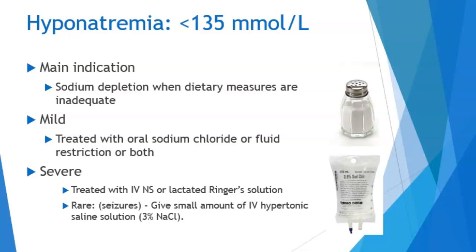So hyponatremia is where we have a sodium content in that extracellular fluid of less than 135 millimoles per liter. It can be from dietary measures that are inadequate, but quite often it's from large amounts of nausea, vomiting, nasogastric suction, those types of things, or like I said, excess water, or an IV of hypotonic fluid that's run too fast.